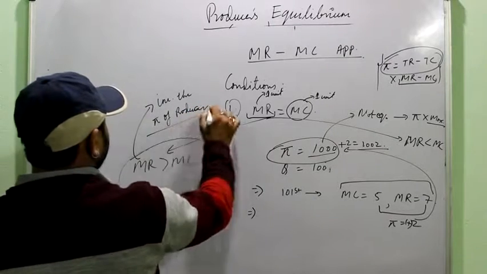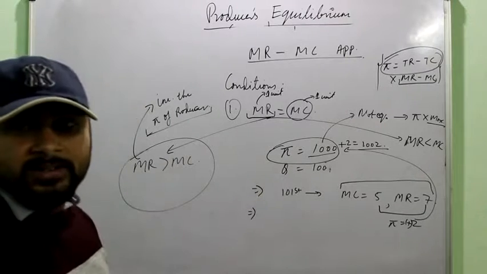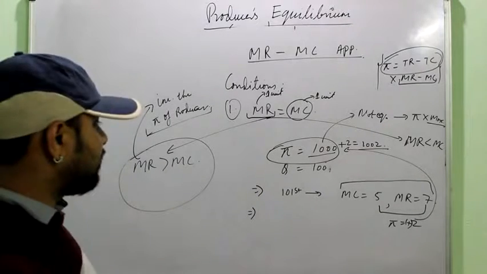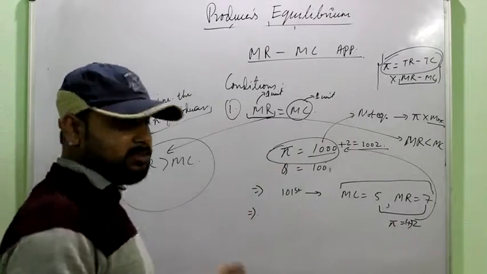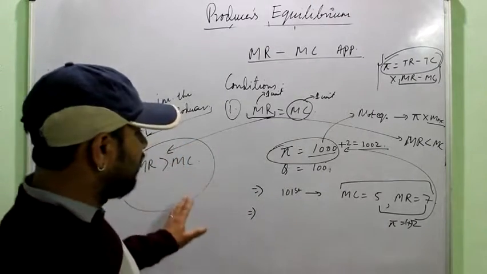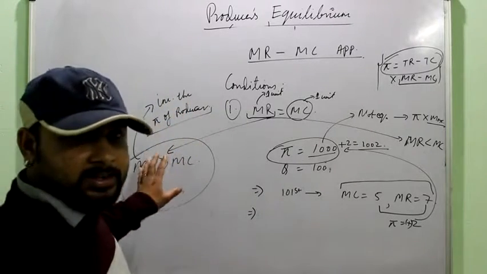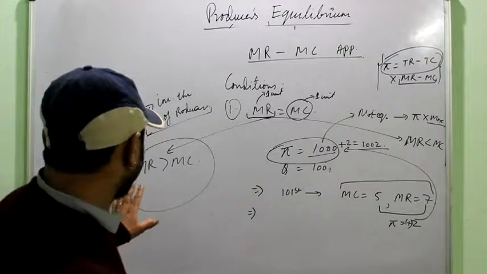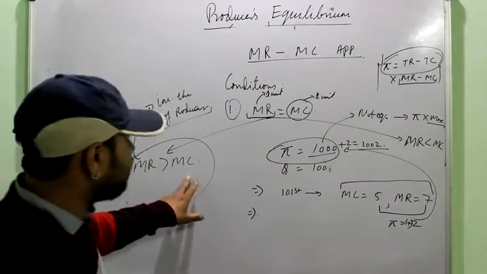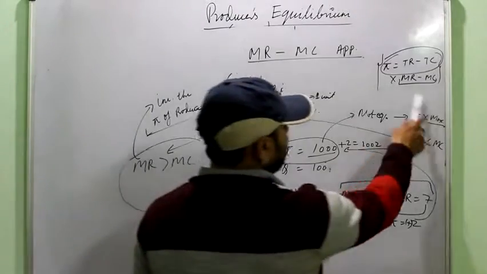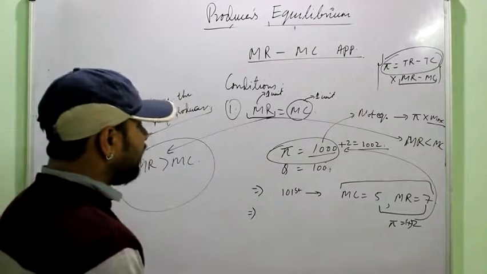So stopping at any of these units will not let the producer reach his equilibrium, means he will not be able to earn the maximum profit which he could have earned. So when you are asked to explain this, you have to mention these keywords: for all these units the total profit can be increased because all such units are giving profit to the producer, and if he stops at any such unit, he is not maximizing his profit, so he cannot be in equilibrium. So this first condition is eliminated.